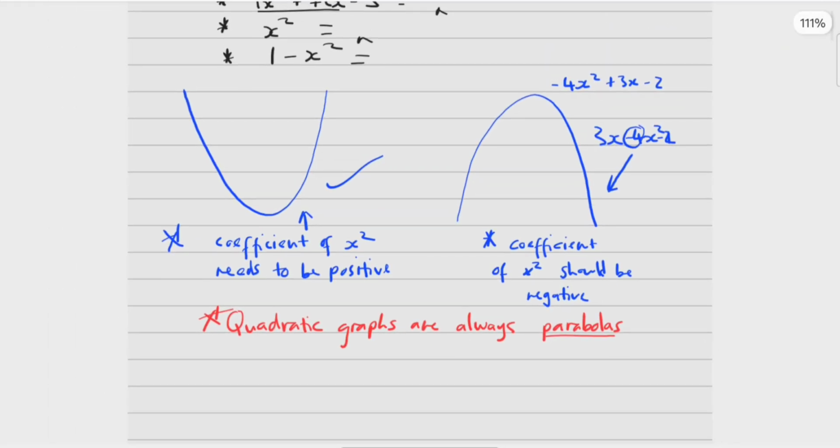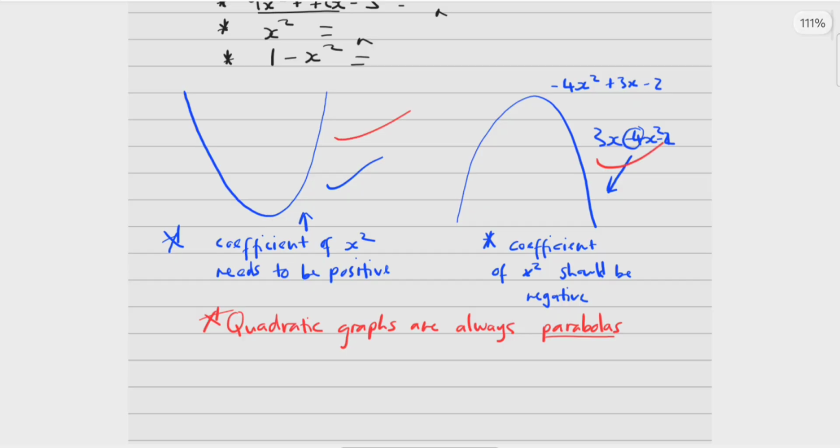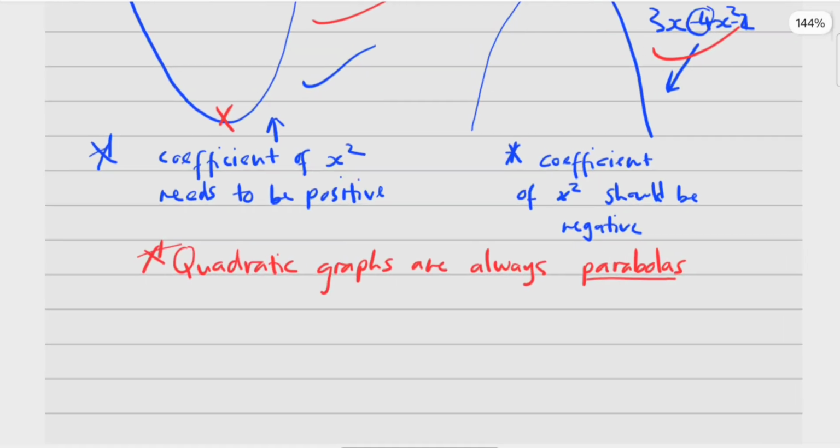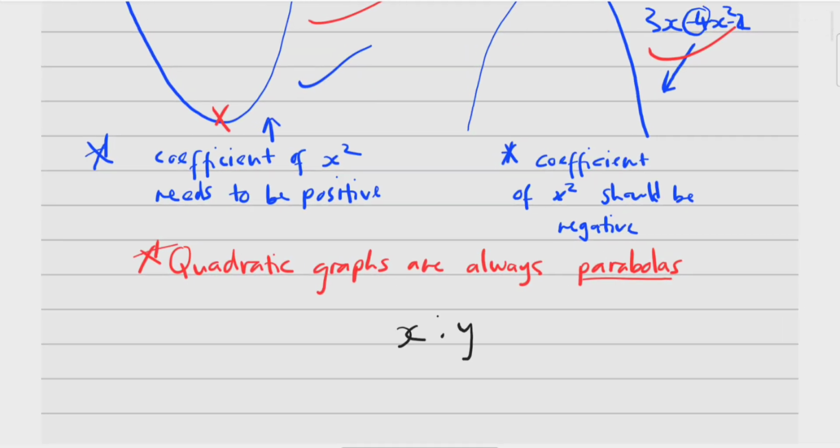And now, if we look at these two, we can see that they have turning points on these graphs. So under this topic, we will be asked to get the coordinates of the turning points at some point in terms of x and y.